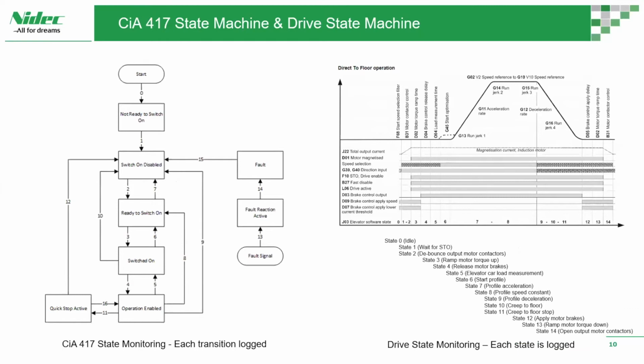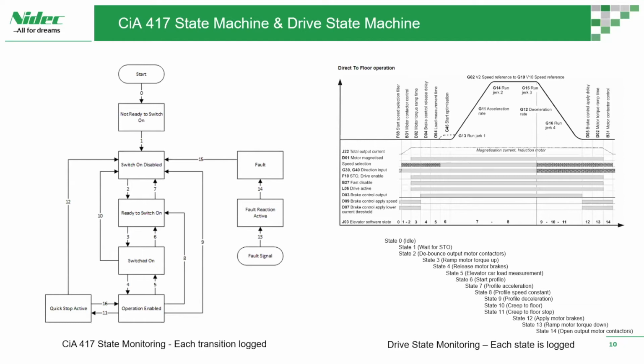So CiA 417 implements its own state machine and state monitoring, which is very much focused on transitions. As it was said before, the lift controller initializes the system, and then from a starting point the drive goes from not ready to switch on, to switch on disabled, to ready to switch on, being switched on, operating, and then stopping from there, or if a fault is detected, then the fault handling mechanism kicks in.